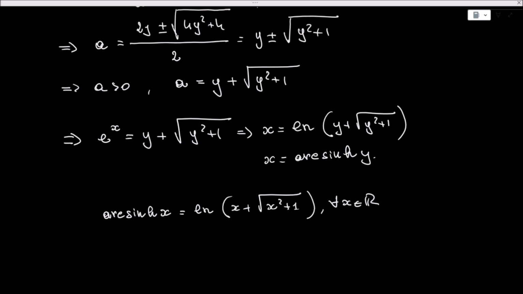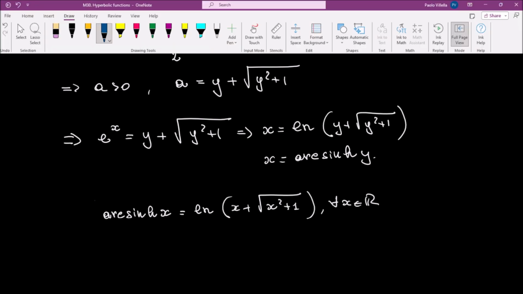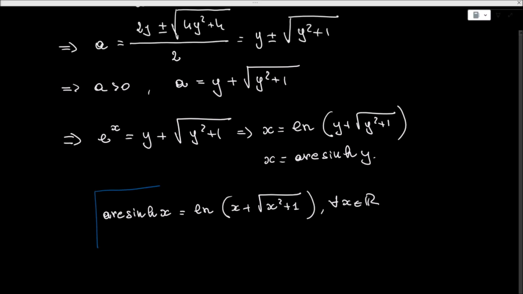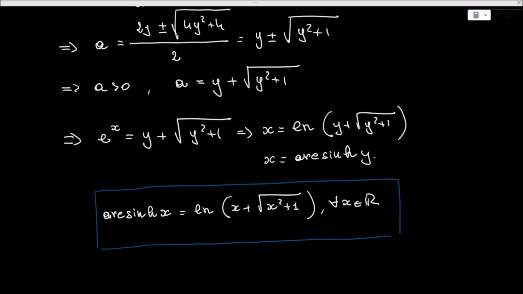So this is the expression of the inverse function of the hyperbolic sine of x.